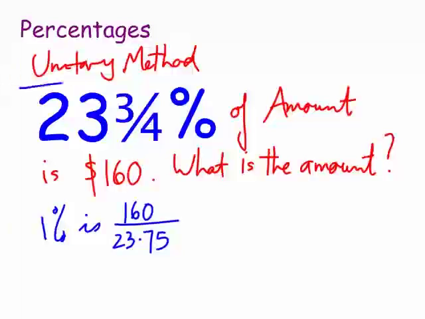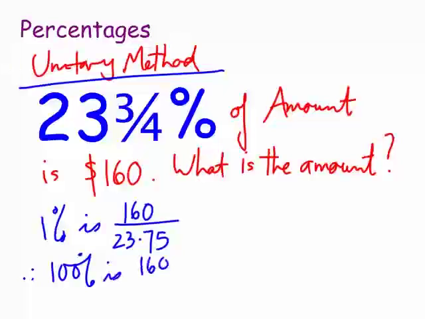So if we need to find what the amount was, the amount is 100%. So 100% is 160 over 23.75, times 100 over 1.